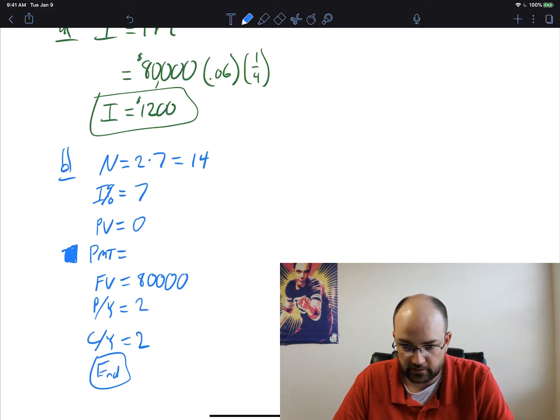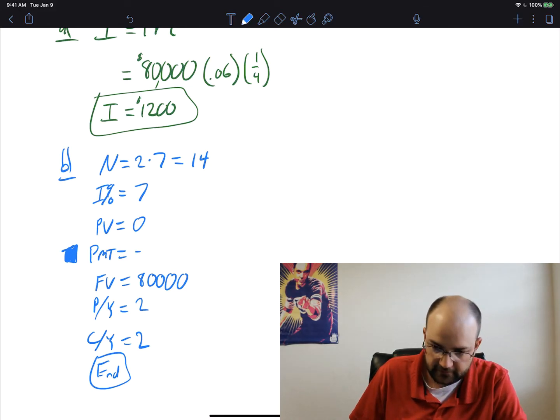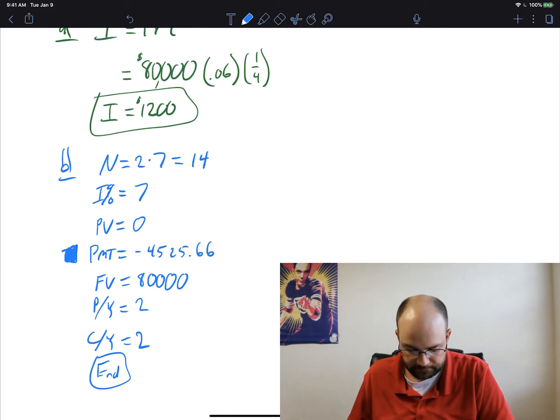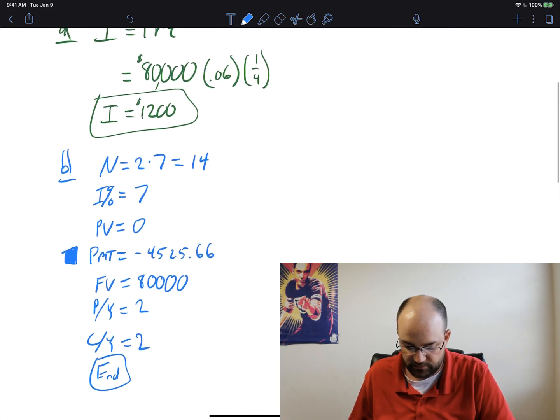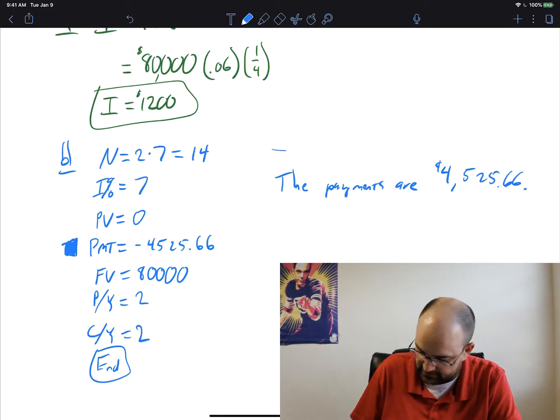And alpha enter on payment gives me negative 4525.66, technically rounded here. Okay, and so that's how much each payment should be. So the payments are $4,525.66.